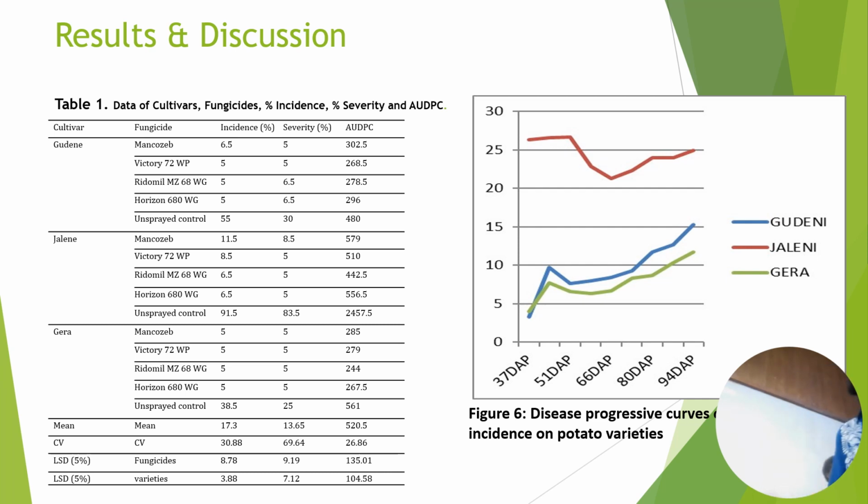According to the graph, the red line contains the highest mean, which simply means that that particular cultivar is the most susceptible cultivar to potato late blight disease.